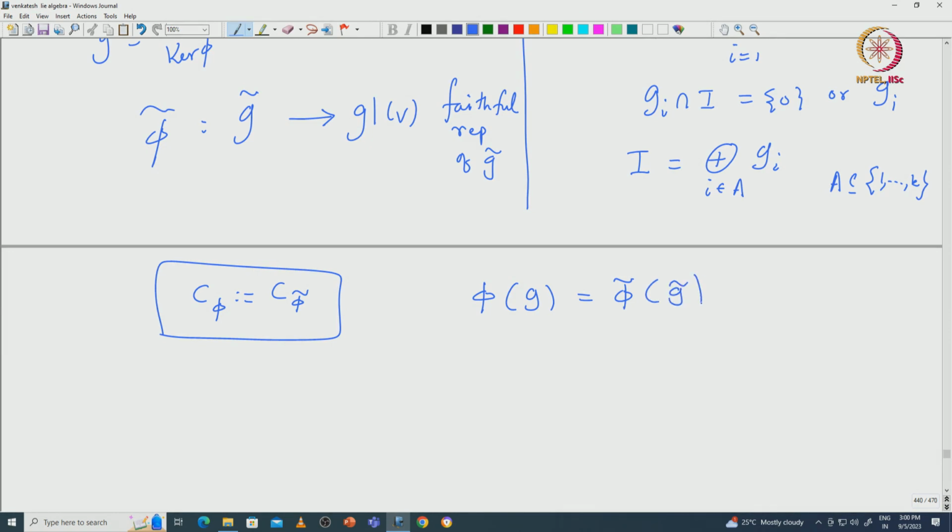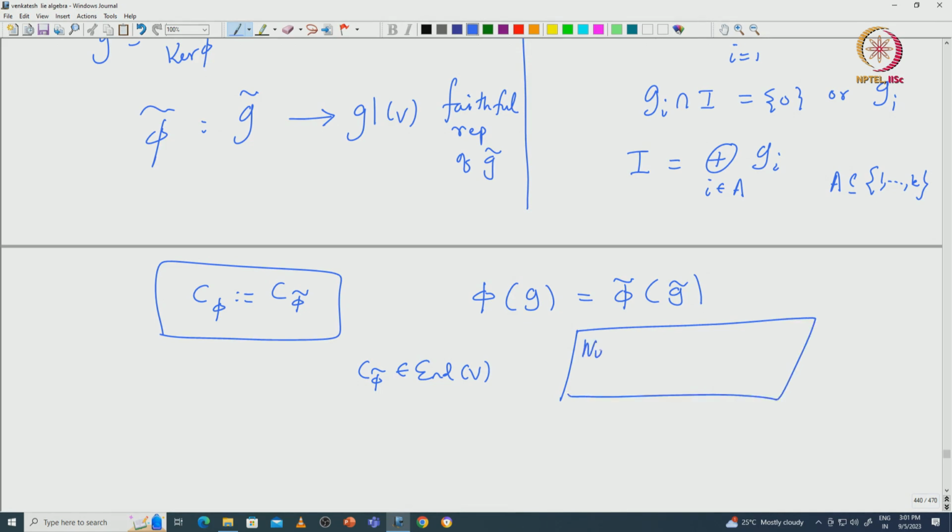So, what is the property of C_pi tilde? C_pi tilde is an element of the endomorphisms of V that commutes with the action of G tilde. But since pi tilde of G tilde is the same as pi of G, this C_pi tilde also commutes with the action of G.